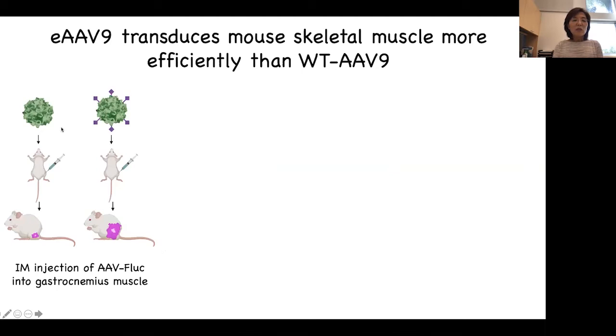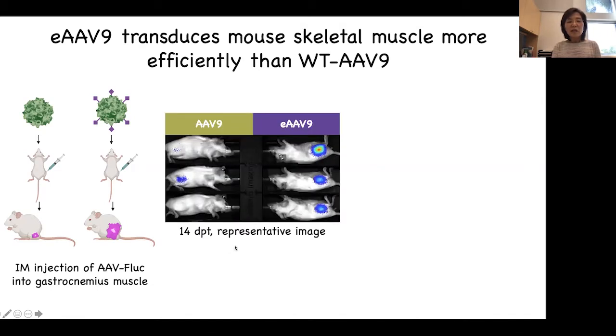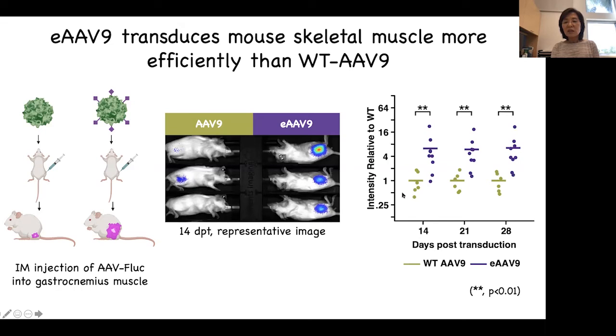So we made wild type and EAAV9 vectors expressing firefly luciferase and injected into gastrocnemius muscle, that's a leg muscle. And 2 weeks later, there were images, and you already see that EAAV9 is more efficient.